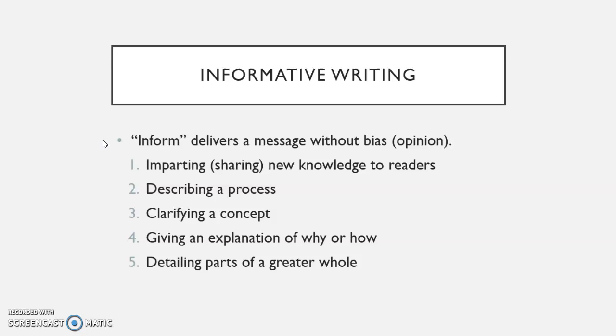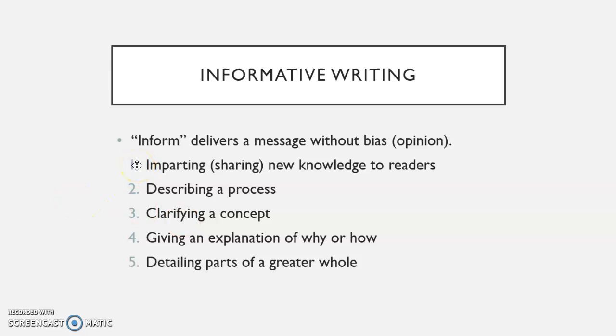So you're not saying, oh, you need to do this and this because it's the best way. You're simply saying, here are some ideas on how you might want to set a goal. So that's what these 4 weeks we are learning about, simply informing and telling people information.